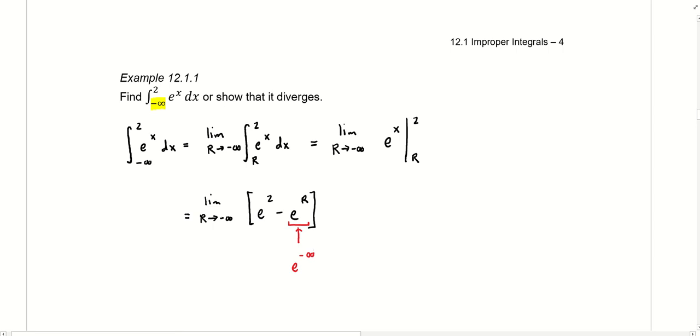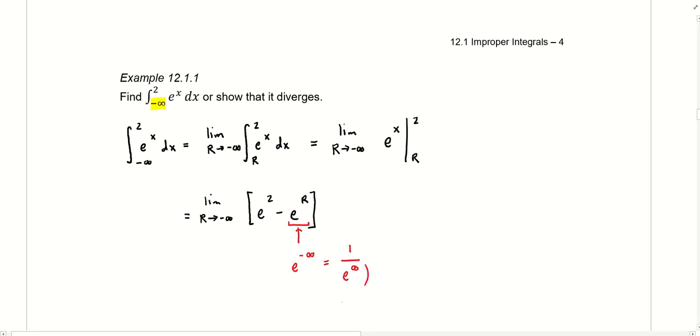Remember when we have a negative exponent that we can rewrite it as 1 over the base to the positive exponent. And the reason I'm doing that is because I think that makes it easier to see what happens as I let r go to negative infinity. If I let r, my exponent, go to negative infinity, I get e to the something that's going to the negative infinity, which I can rewrite as 1 over e going to positive infinity.